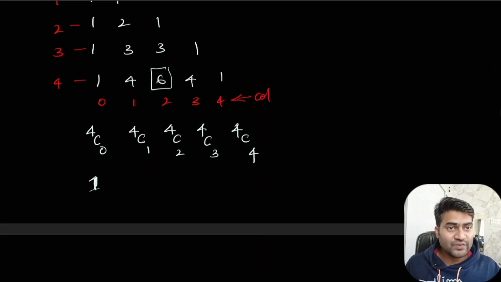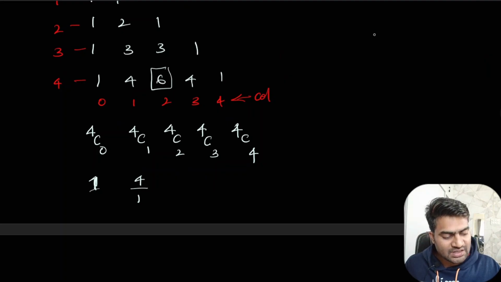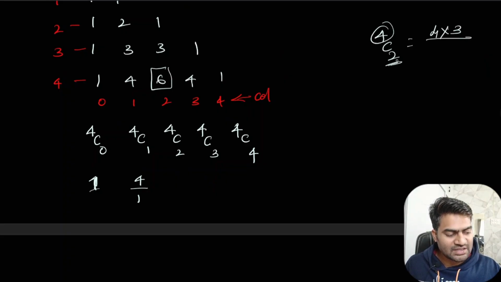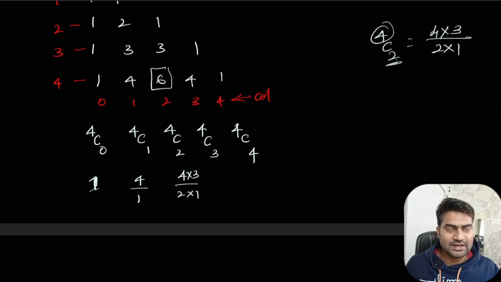Now how do we write 4C1? 4C1 can be written something like 4 divided by 1. Why? Because we already saw, right? If 4C2, then use this value so many number of times in a decremented value divided by this value factorial, 2 into 1. So here the value of r is 1, that's why it is 4 by 1. Next value, it will be 4 into 3 divided by 2 into 1, correct, right?